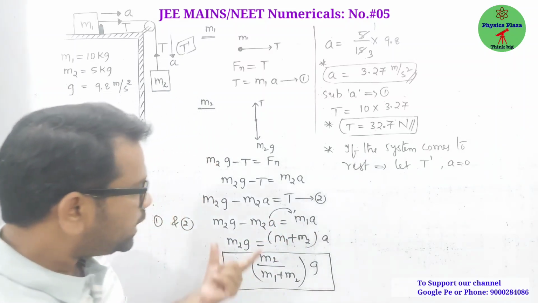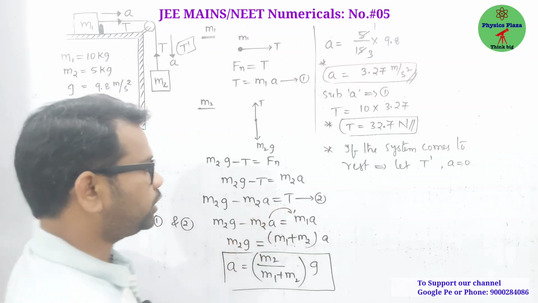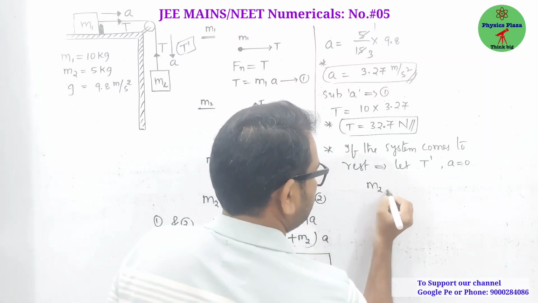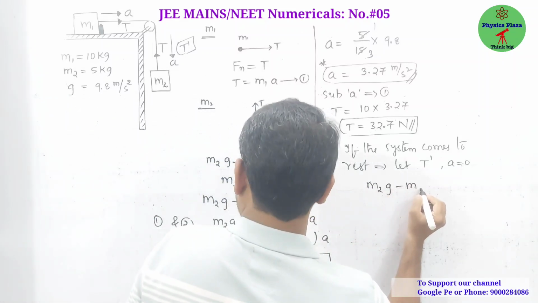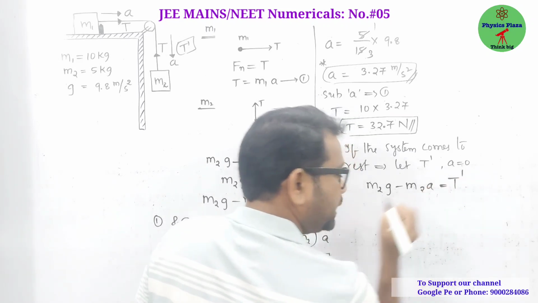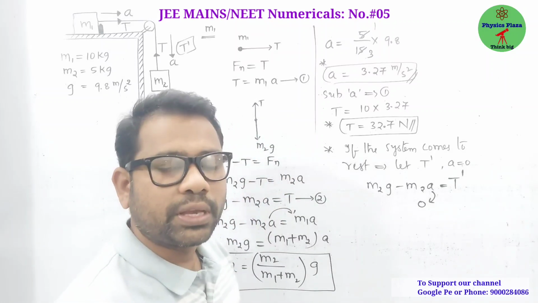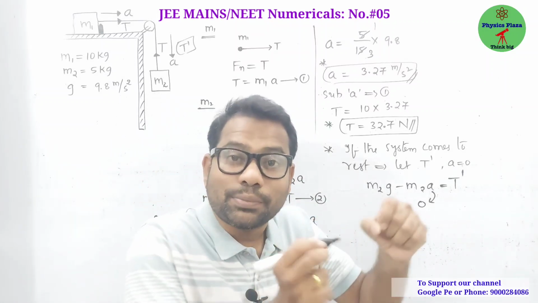For this, children, let us use equation 2. M2G minus M2A is equal to T. In the place of T, we are going to take T dash here. Why are we taking acceleration as 0? Children, it is not our wish. In the numerical, it is mentioned that the system is coming to rest.